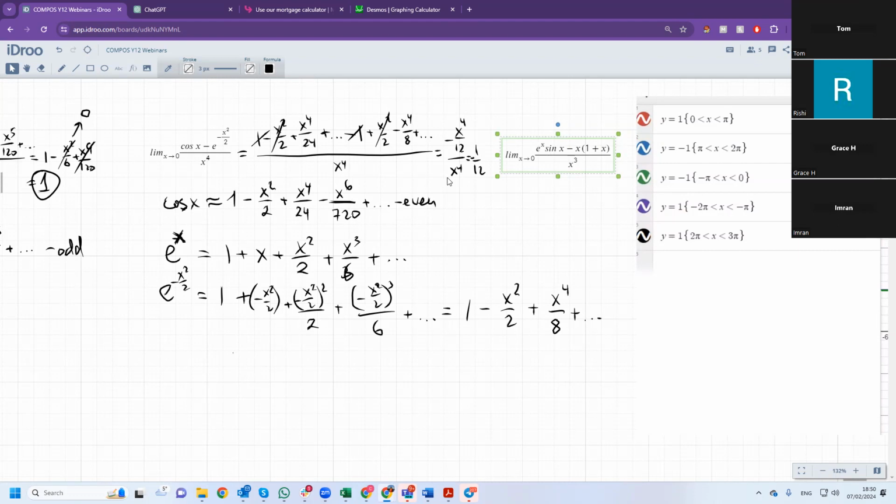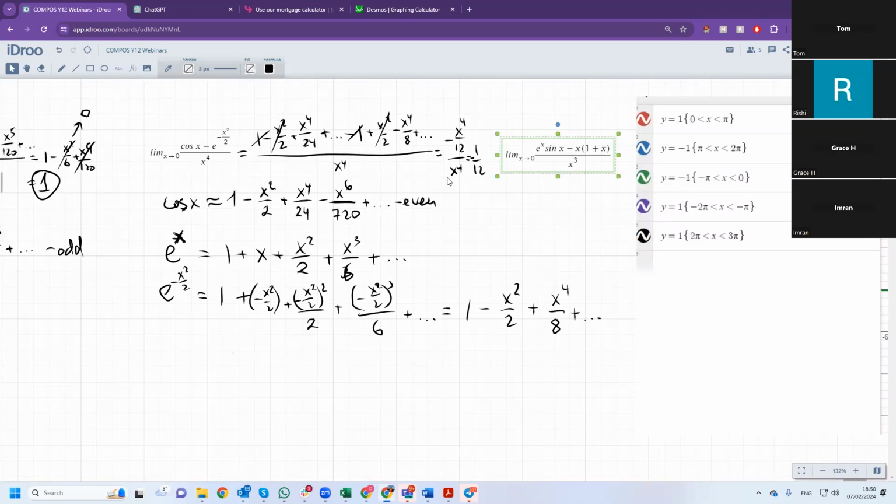Rahul has asked if a function is even, the derivative must be odd. I can't imagine why not.